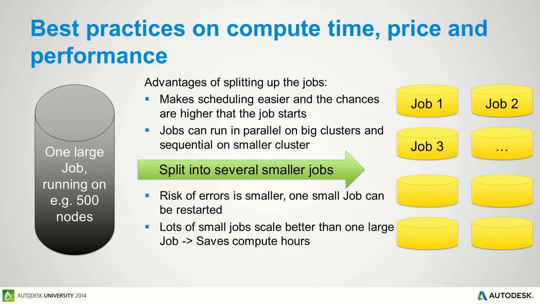Jobs can run in parallel on a big cluster and sequentially on a smaller cluster. So with this setup, it works for smaller clusters, and it works for large clusters as well. The risk of errors is a bit smaller. Let's say you use your 500 node cluster, start on a Friday, and on Monday you realize everything crashed on Saturday morning.